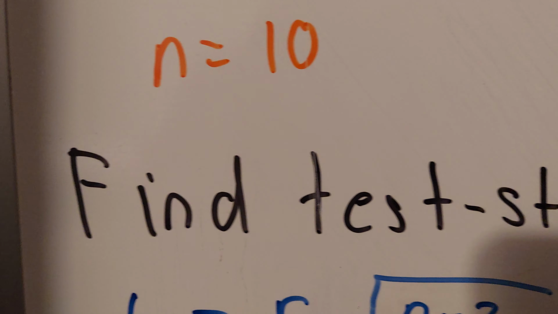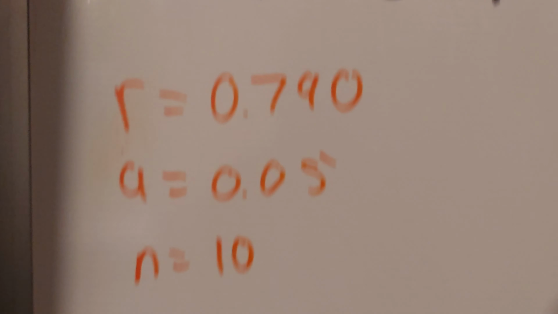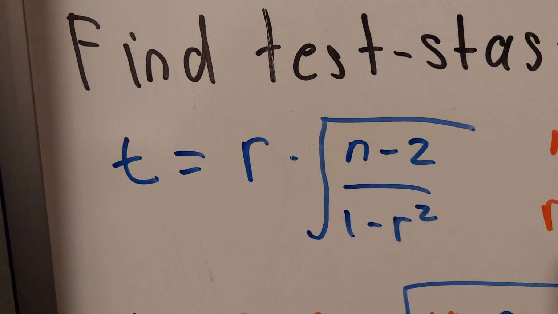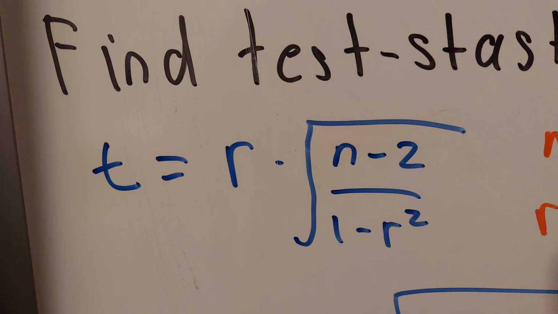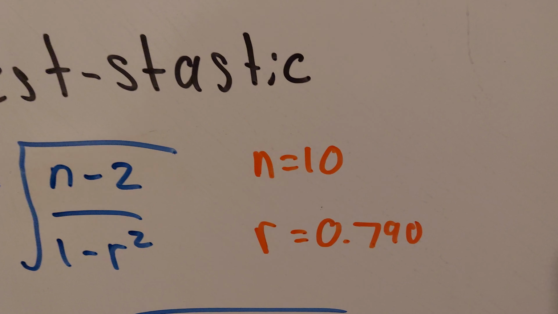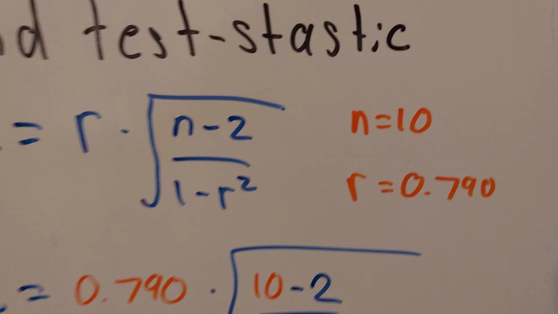So what we're going to be doing is finding the test statistic. Now since we're dealing with R, we're going to be using this formula: t equals R times the square root of n minus 2 divided by 1 minus R squared. A little refresher, n equals 10, R equals 0.790. So we're just going to plug it in right there.